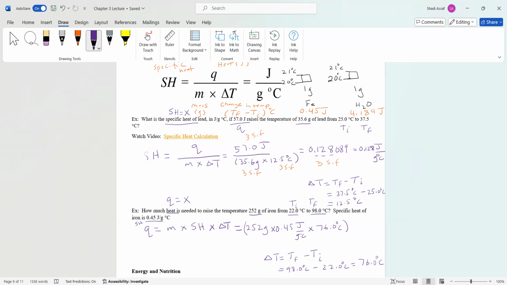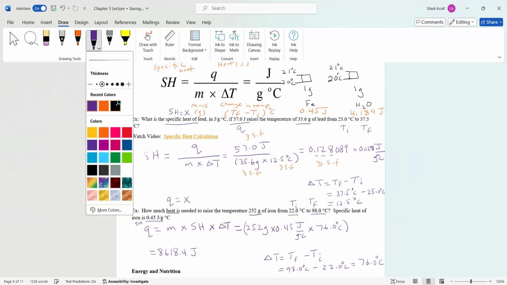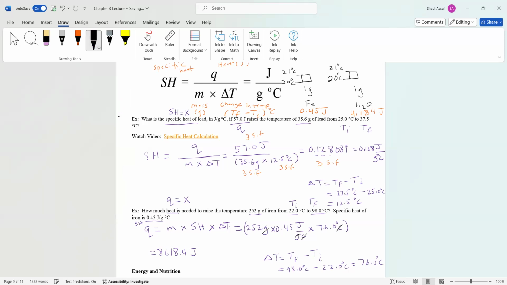And when we multiply them, we get, let me write it here, we get 8,618.4, and the unit is joules because let's cancel out some units here. Grams cancel out, Celsius cancels out, so you're left with joules.